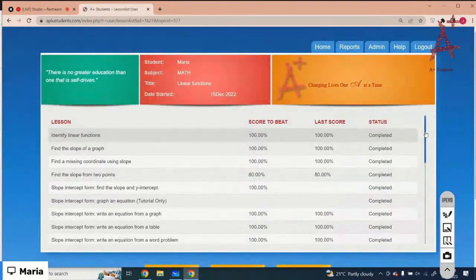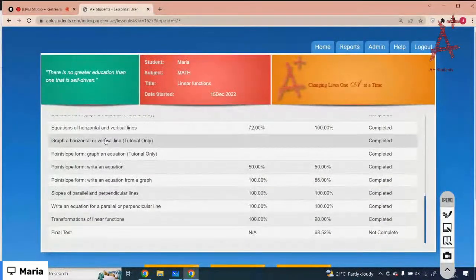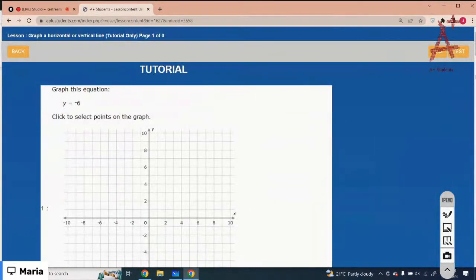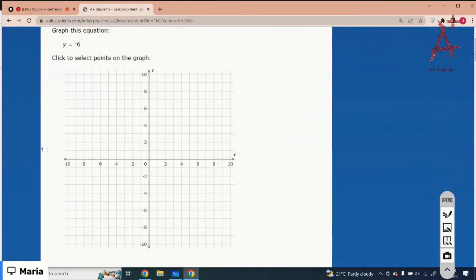So now we're going to learn the horizontal and vertical line graphs. So let me just explain. If you have a graph like this, for example, here is the graph at this point.